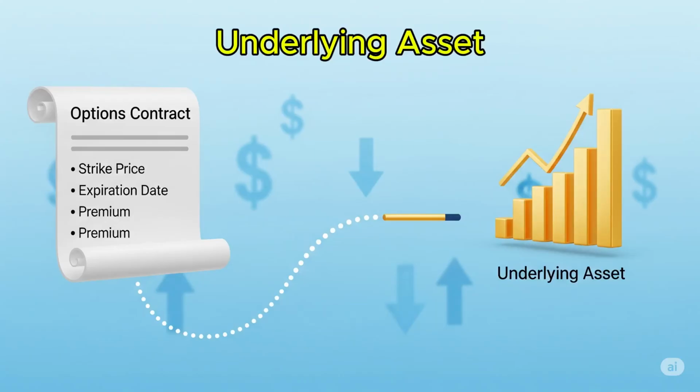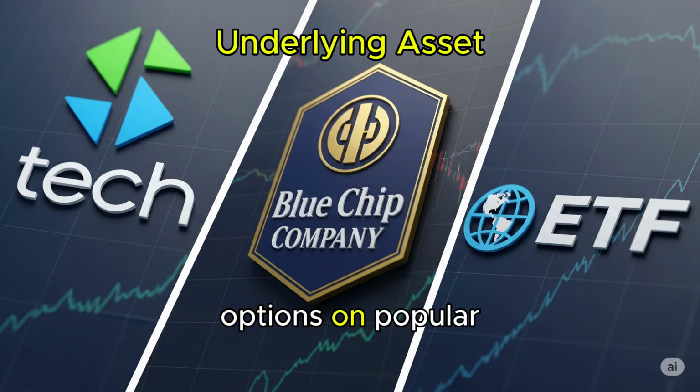Underlying asset. Every options contract is tied to an underlying asset. You'll often see options on popular companies like tech giants, well-established blue-chip companies, or even broad market ETFs that track the entire economy.